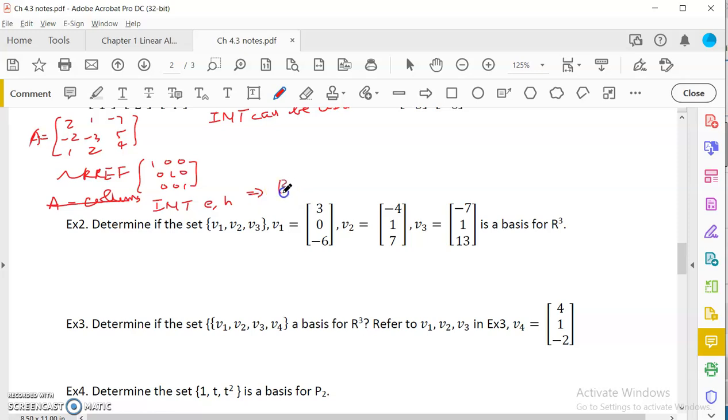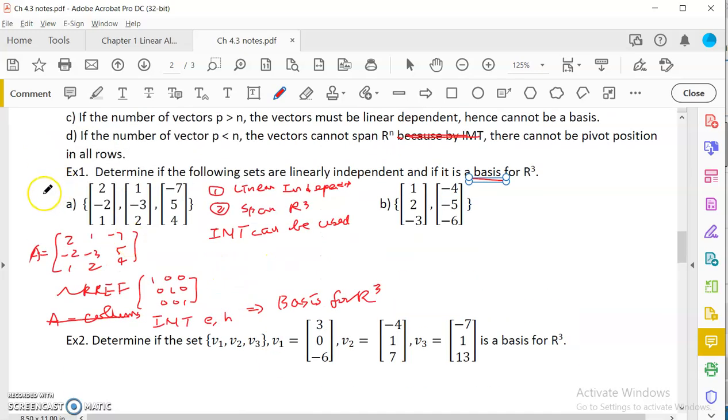Both of these hold, which means it's a basis for R3. It's the same as the elementary matrix. If you use this, you can span all of R3. I don't have enough time to do part B, so I'll do B in the next video.